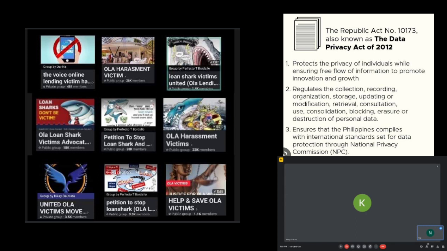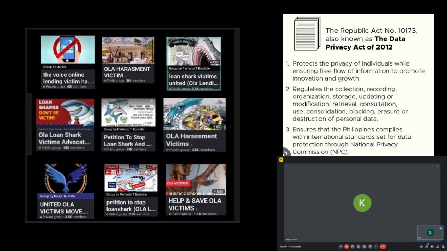So, they will receive complaints, no? Institute investigation. They facilitate or enable settlement of complaints through the use of alternative dispute resolution processes or adjudicate. Award indemnity on matters affecting any personal information. Prepare reports on disposition of complaints and resolution.